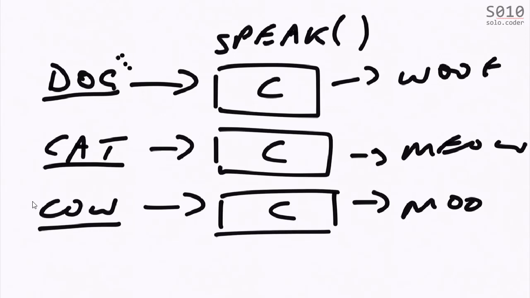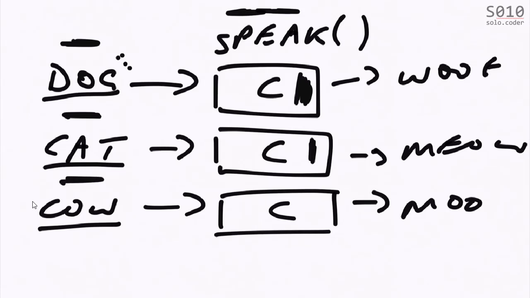Then the program knows: I have dog, I have speak, I must use this particular bit of code. If I have cat and I have speak, I must use this bit of code. And the same goes for cow. So that is what polymorphism is. We're using one block of code and changing which version of that block we're using depending on the inputs that we are giving it.